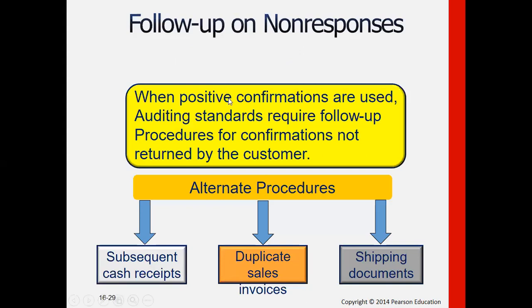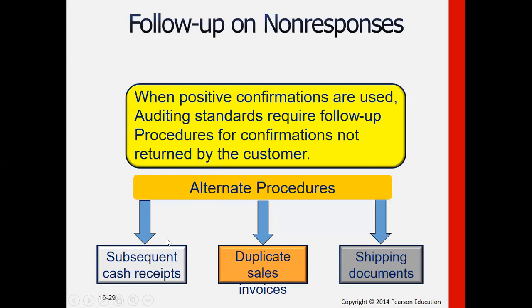Then follow up on non-responses. That's really possible. For positive confirmations, we said there is a higher response rate, but we have to follow up, especially for this. Auditing standards require follow-up. Procedures for confirmations not returned by the customers would be as follows. So, subsequent cash receipts.